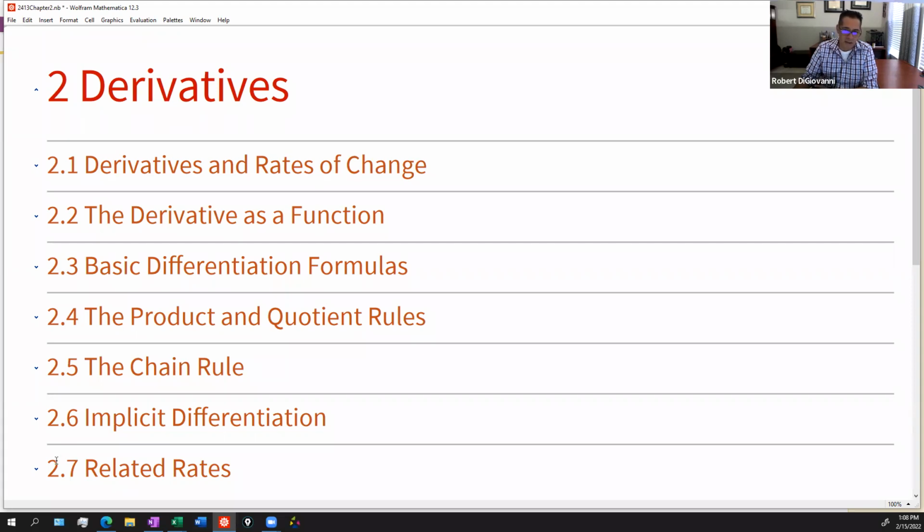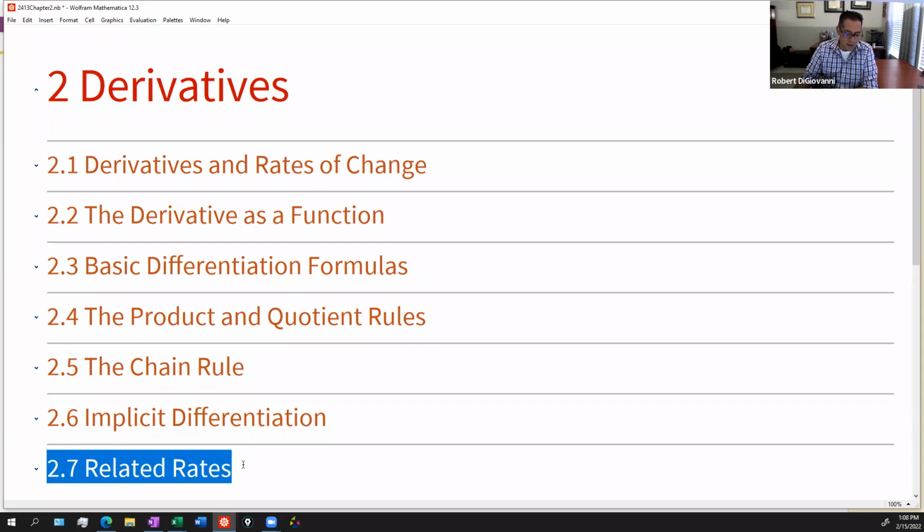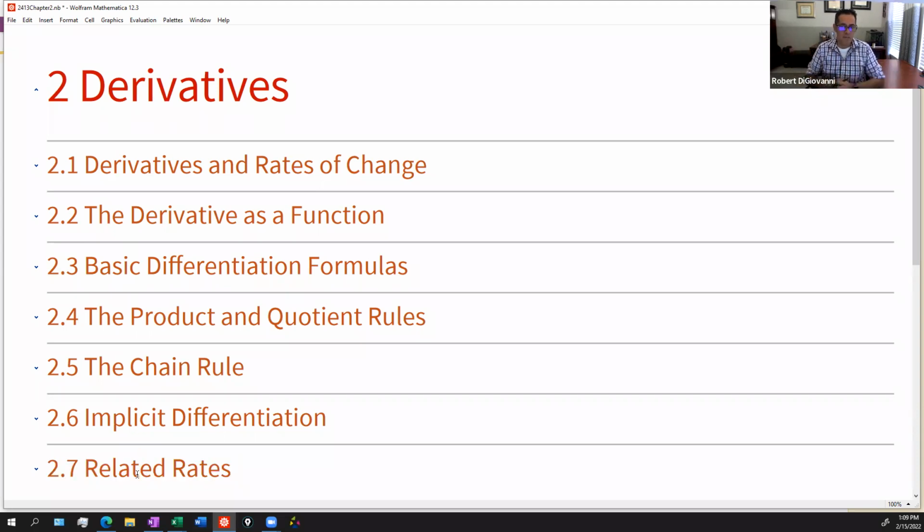And by far 2.7 is the hardest because related rates is basically word problems, using everything you've learned in this chapter to solve real world type word problems. Well, they're not really real world, they're just classic word problems in Cal 1 that help you to see the benefit of being able to take the derivative of something. Okay, so that's our path.